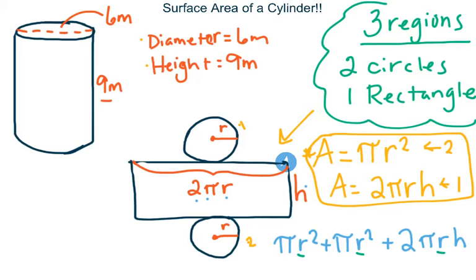This rectangle has a height and a length, or a length and a width, but one of our lengths is not just a number, it is the circumference formula. Like I put way over here to the right, I have the area of a circle, pi times r squared, and the area of the rectangle, which is 2 times pi times radius times height.